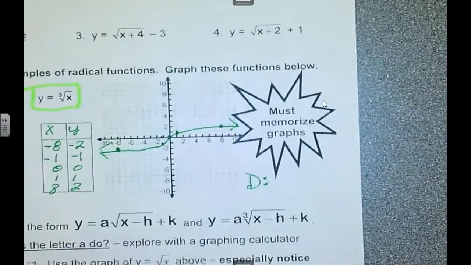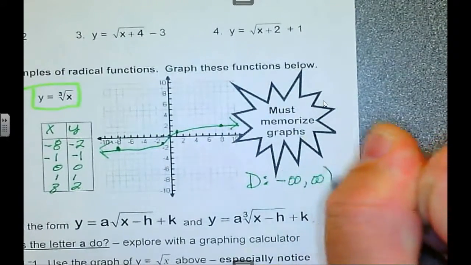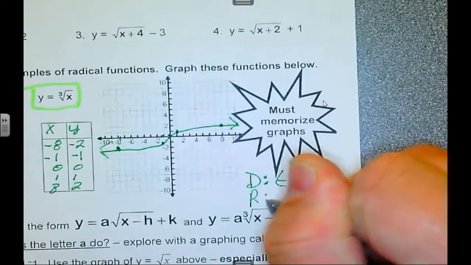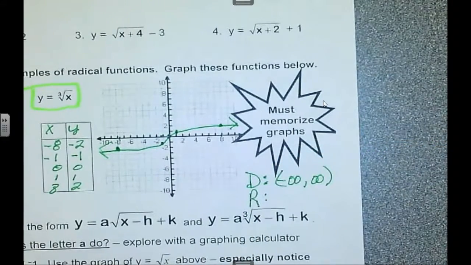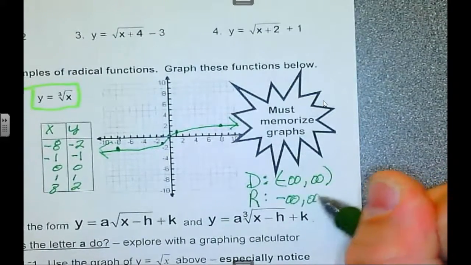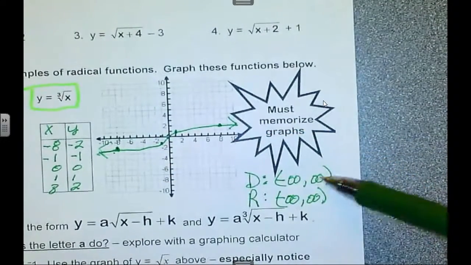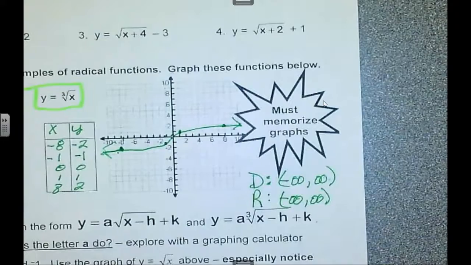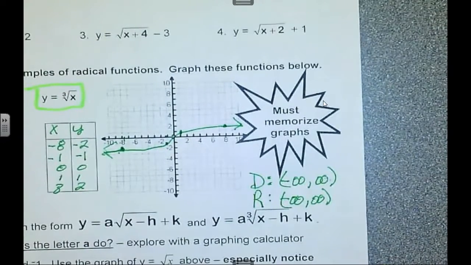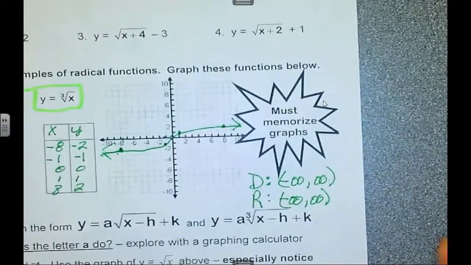X values. Yep, negative infinity to positive infinity. What's my range? Negative infinity to positive infinity. This one, the domain and range is really easy to figure out. No matter the transformations, it's always going to be negative infinity to positive infinity.